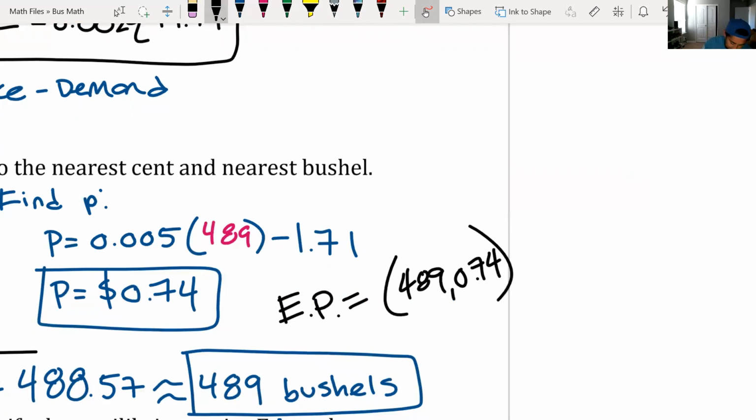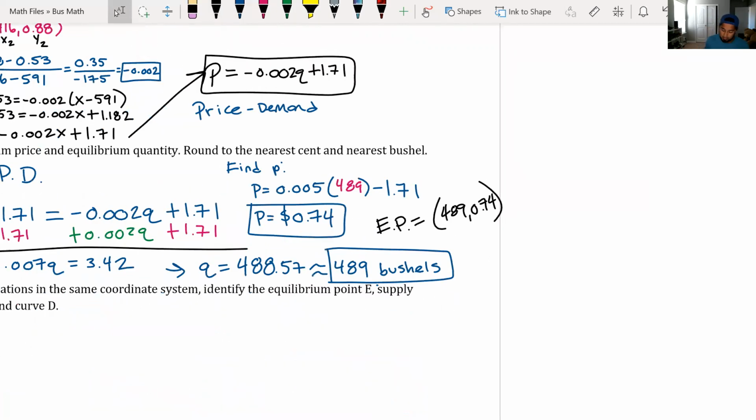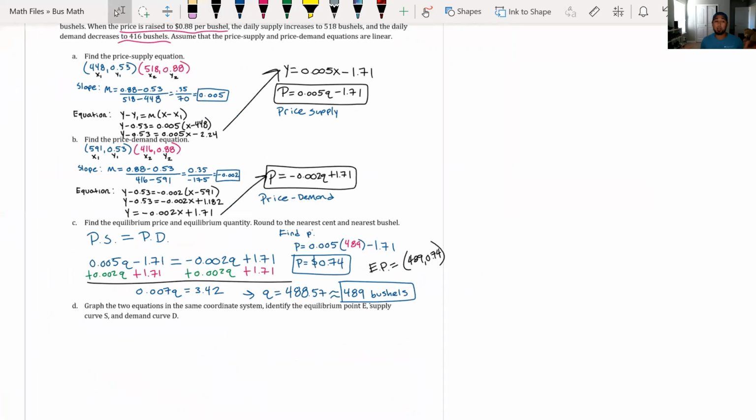Okay, there it is. Now the very last one. Graph the two equations in the same coordinate system. Identify the equilibrium point. Supply curve S, demand curve D. All right. I'm going to make this really simple. It doesn't have to be perfect.